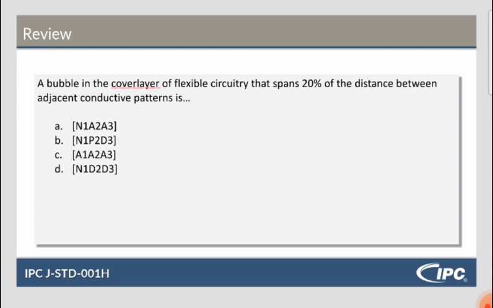A bubble in the cover layer of flexible circuitry that expands 20% of the distance between adjacent conductive patterns. So they're next to each other. That's what adjacent means. It means the two patterns that are conducting a signal are next to each other. There is a bubble in the cover layer of the flexible circuitry, and it spans 20% of the distance. Now you want to look at clause 9.1.7.